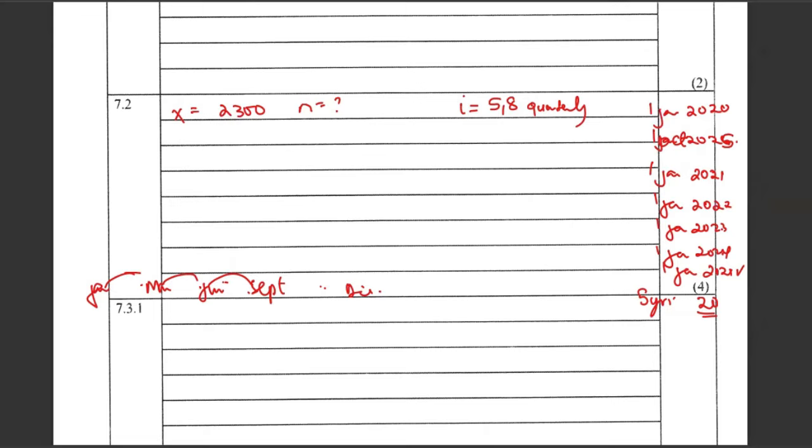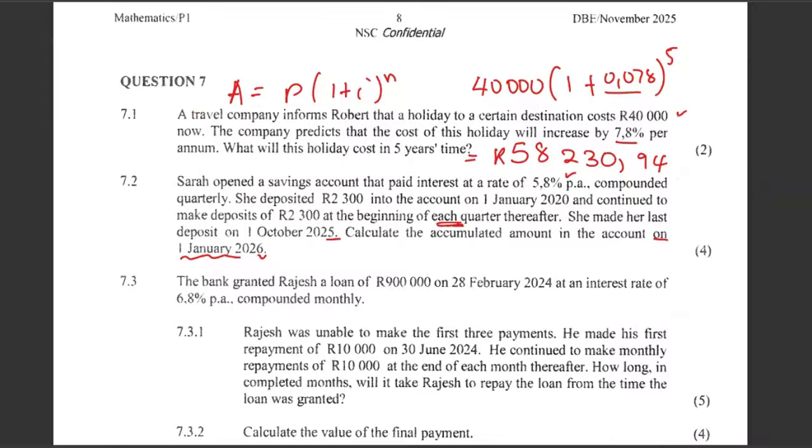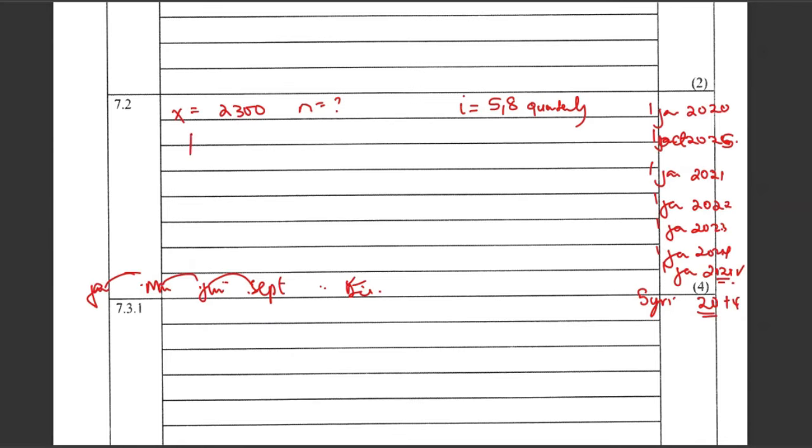So meaning that this lady made a full payment of 4 quarters for 2025. It's going to be catered for. But now, since we want the payment for all the amount in the account on the 1st of January 2026, then that is slightly a different quarter that we're not going to discuss, but we shall add it at the end of the period. So we're going to say that we have 24 periods there.